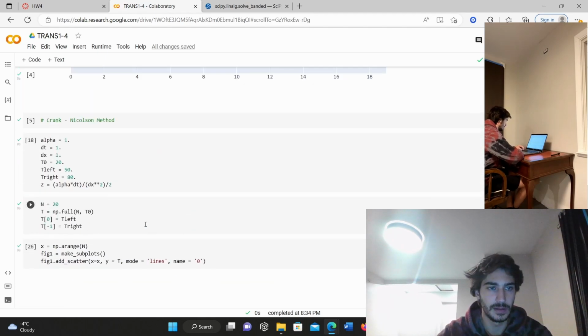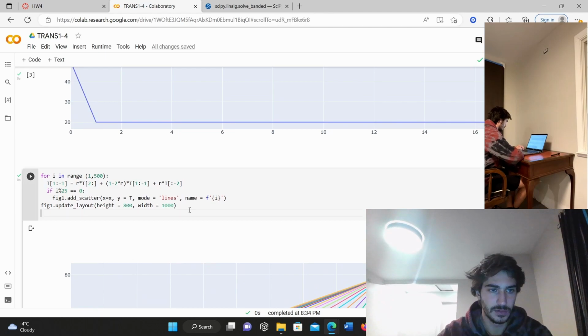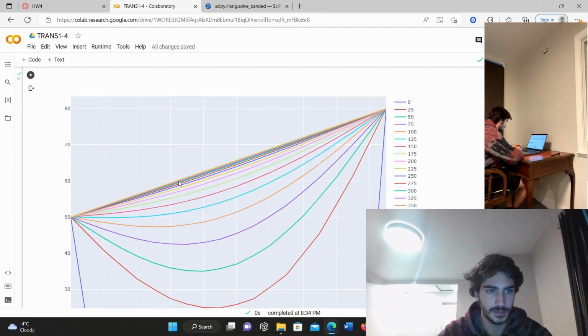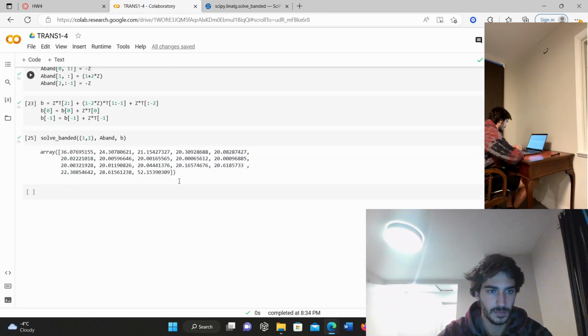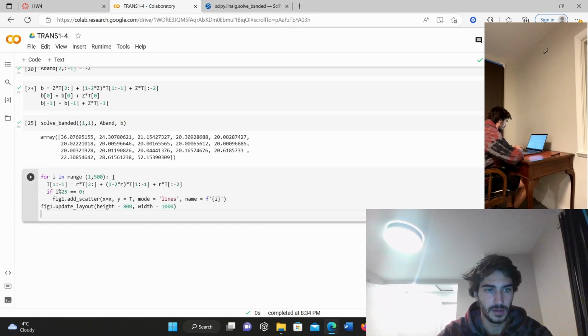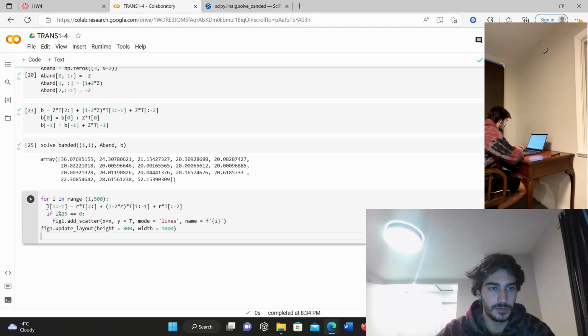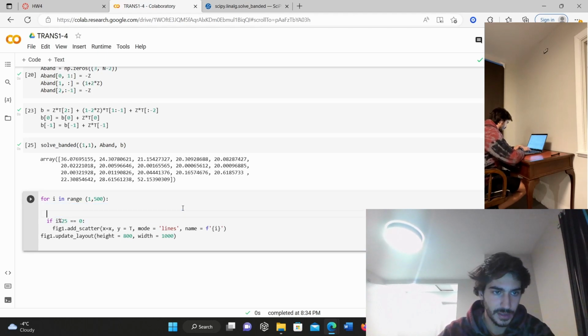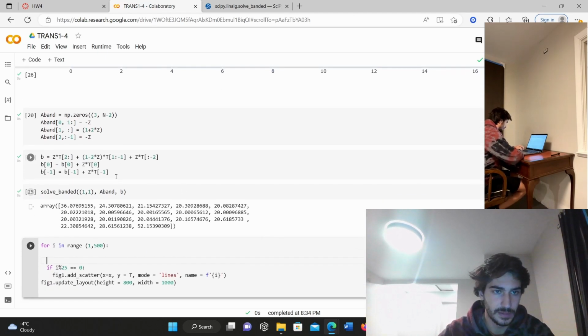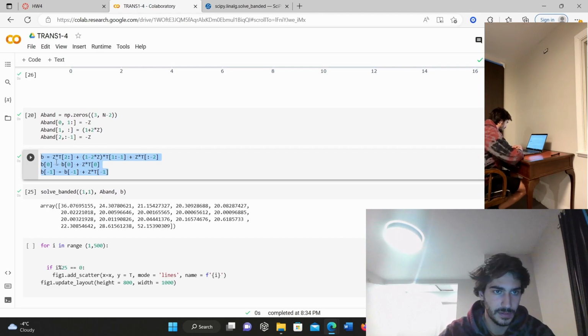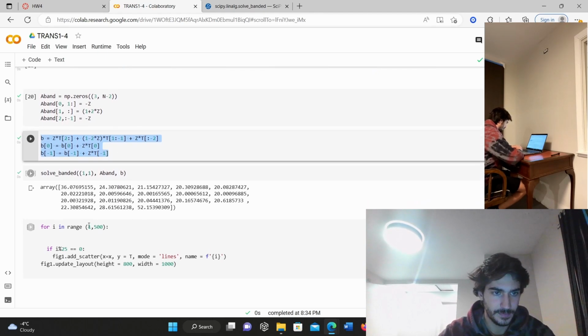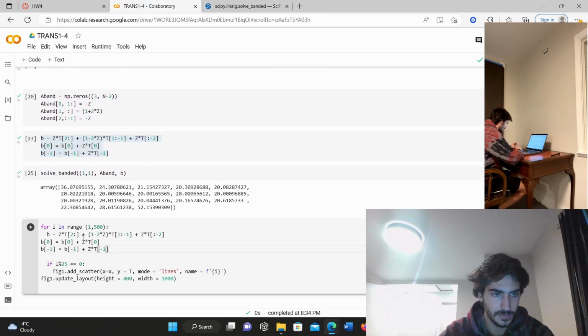I'm just going to grab this whole thing and then we can go from there. So for i in range, we want to keep it that way. The only thing we want to change is this B. So we're going to put in our B values. Index all of these.